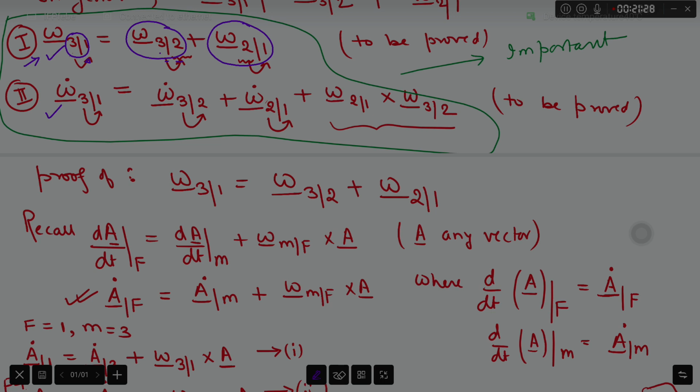The second relationship is about angular accelerations. It tells me that the angular acceleration of 3 with respect to 1, again, can be found in steps such that first you find omega dot 3 with respect to 2 and then you find angular acceleration of 2 with respect to 1.